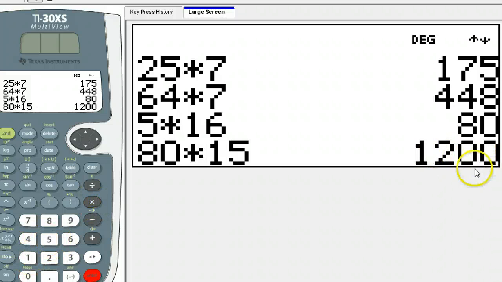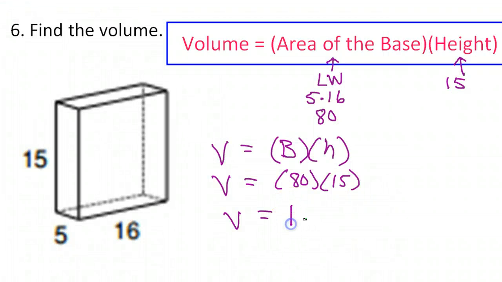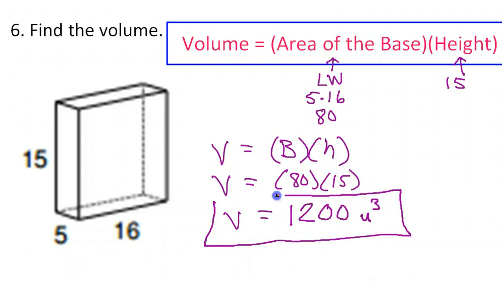That is 1,200. And I don't know what the units are, but I just can't resist putting in some kind of units. So I'll just put U for units. Units cubed, whatever these units are. So that is it for number 6.